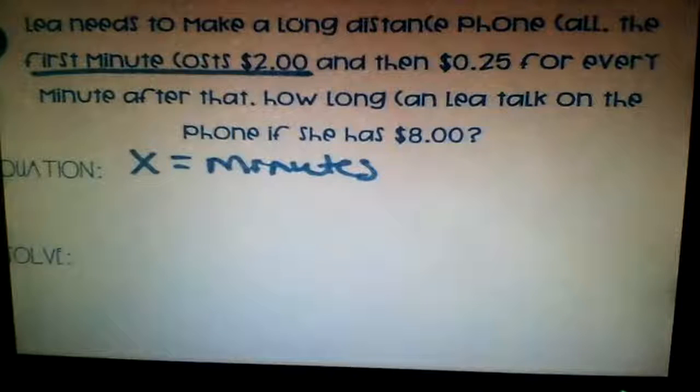So instead of using all the minutes, I want one less than that. You're not getting charged $2.25 for the first minute. You're only getting charged 2. Does that make sense? A little bit better now? Anybody else still completely lost at this point?